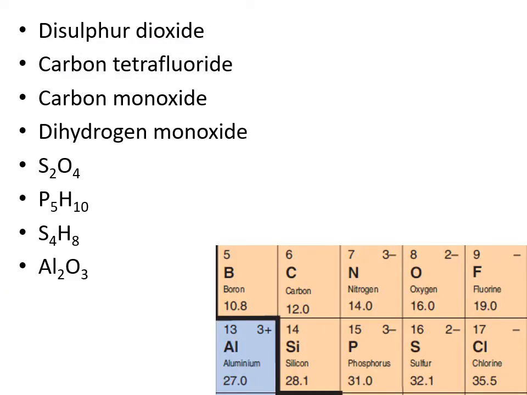You can put the video on pause, try doing a few of these yourself, and hopefully you come up with this. Going the other way, we see sulfur right here, so I'm going to write S. Oxide, I'm going to write oxygen, O. Now it says di, and we know di means 2, so I need to write 2 sulfur, and dioxide, so I write 2 oxygen.